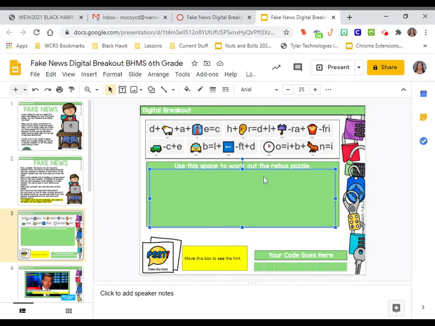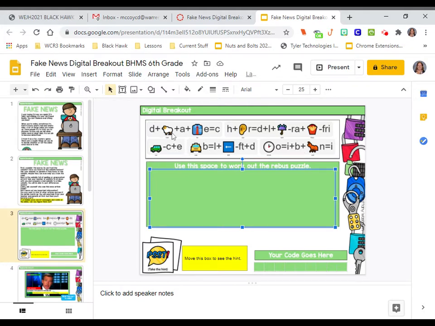You're going to use this space down here to work out these rebus puzzles. You have to pay very close attention to the plus signs and to the minus signs and to the equal signs. I'm going to help by showing you how to figure out the first and the second word. You will need to figure out the third, fourth, and fifth word yourself.